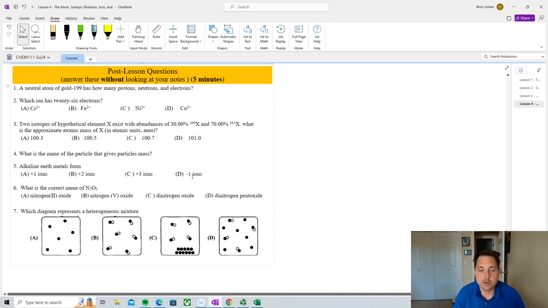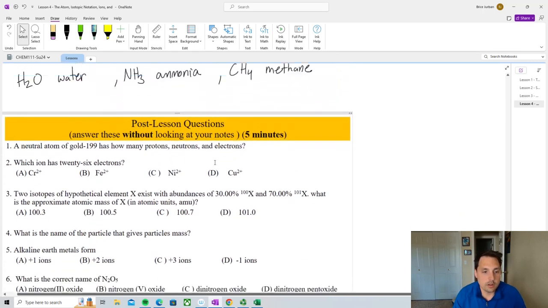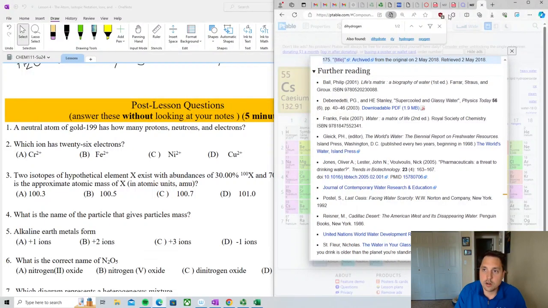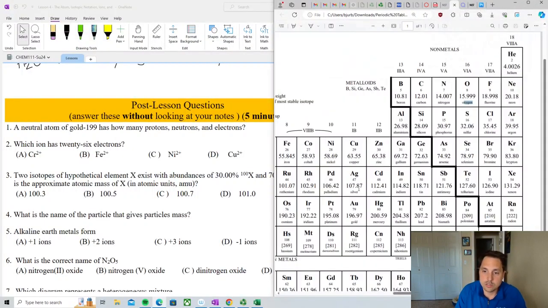Okay, did you answer those questions? If you did, good. I'll go through each of them. Number one: a neutral atom of gold-199 has how many protons, neutrons, and electrons? You should start by looking at your periodic table and finding where gold is. Gold is Au, so you need to know the symbol of gold, or you can find it here.